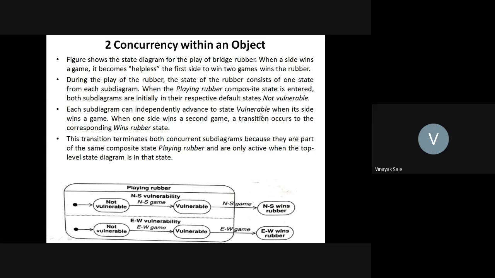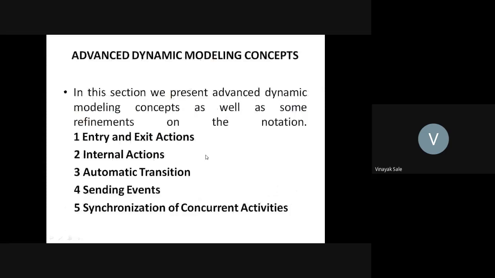When one side wins the second game, the transition occurs to the winner rubber state. This transition terminates both concurrent subdiagrams because they are part of the same composite playing rubber state, and are only active when the top-level state diagram is in that state. So this is the concurrency part.